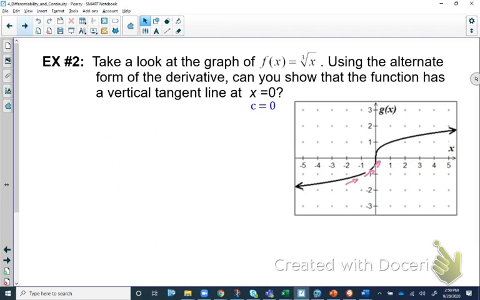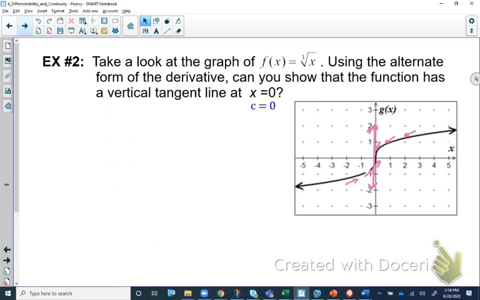And if I approach 0 from the right, they're decreasing, decreasing more until ultimately we have that vertical line. Okay, so why doesn't the limit here exist? Well, obviously the left and right side limits aren't going to have the same slope, so the derivative at that point isn't going to exist. So use the alternate form of the derivative to work this one out.